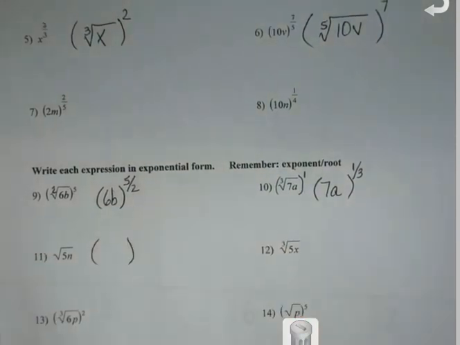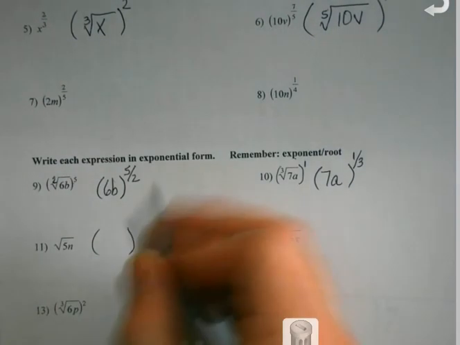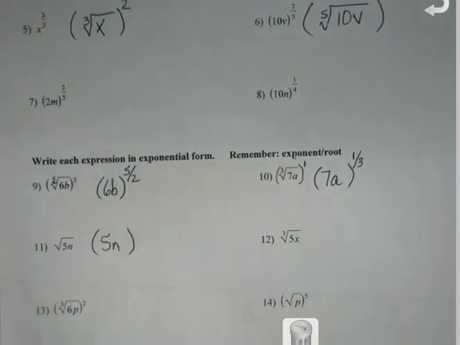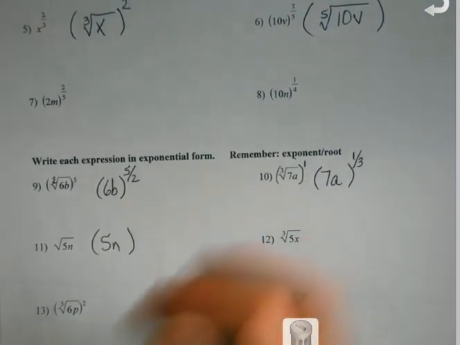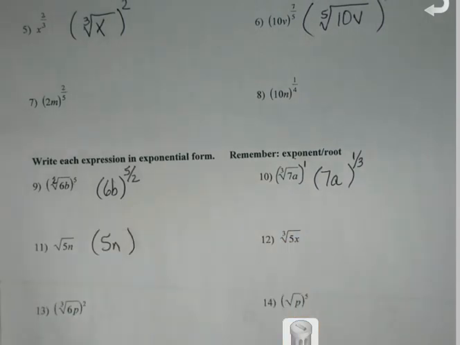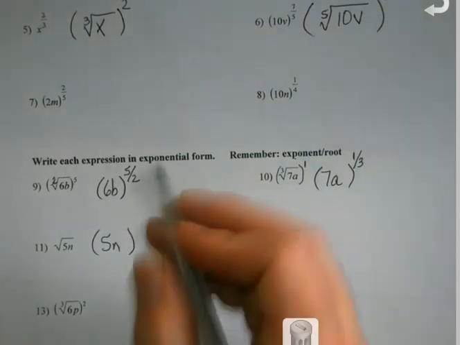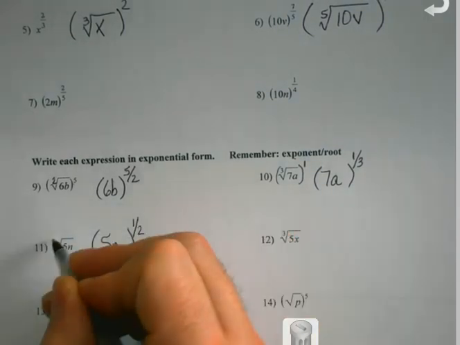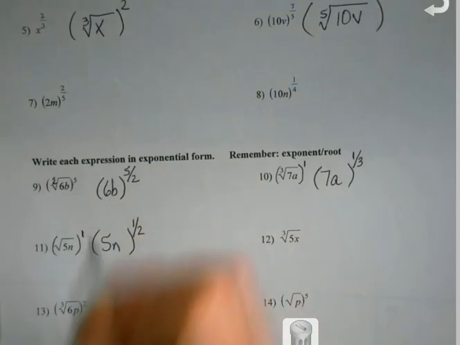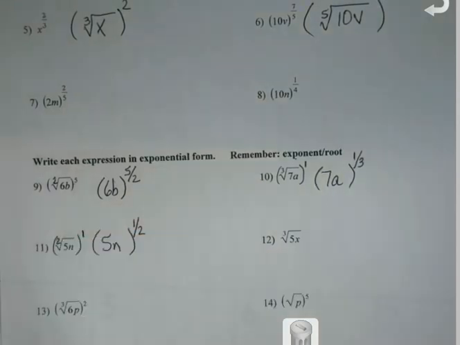Ooh, it doesn't seem tricky, but it is. Okay, I get to do the easy part, 5n. What's my exponent going to be on this one? Because I don't see any numbers. 1 over 2, because I remember, oh yeah, the exponent's 1 if I don't see it. The little root number's 2 if I don't see it.